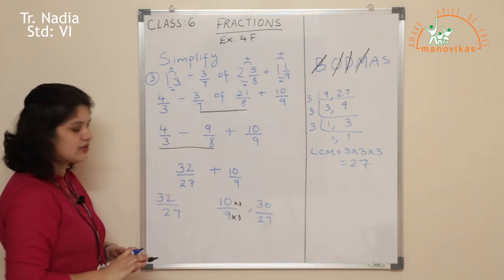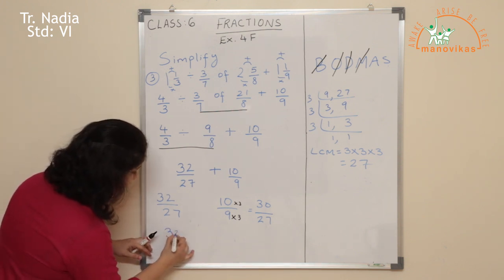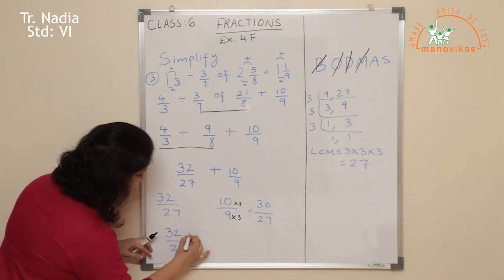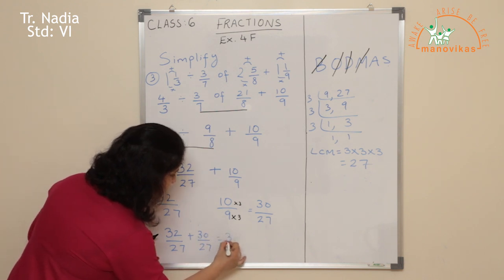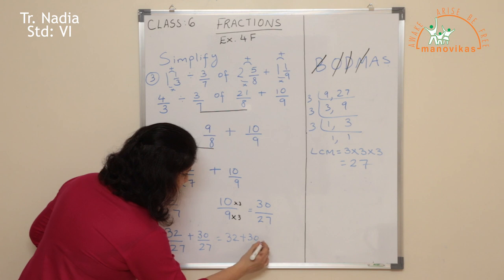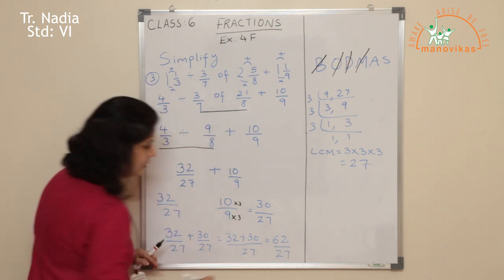Okay, so this becomes 30 upon 27. Now the next step is to add the two fractions, which have now become like. So the answer is 62 upon 27.